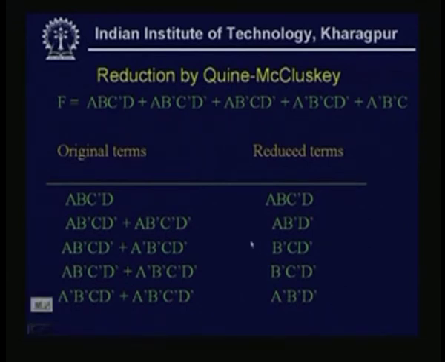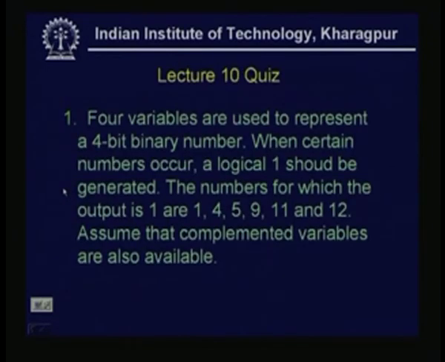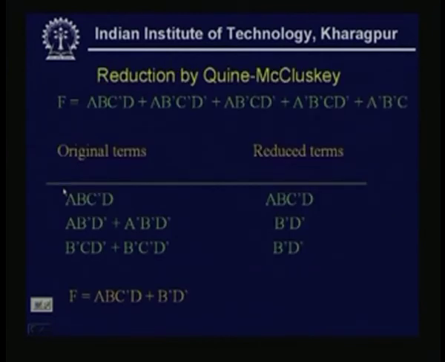Now, again we continue this process with the reduced terms. The original term which was not reduced stays as it is, a b c dash d. Now, from the previous table we get a b dash d dash and a dash b dash d dash.